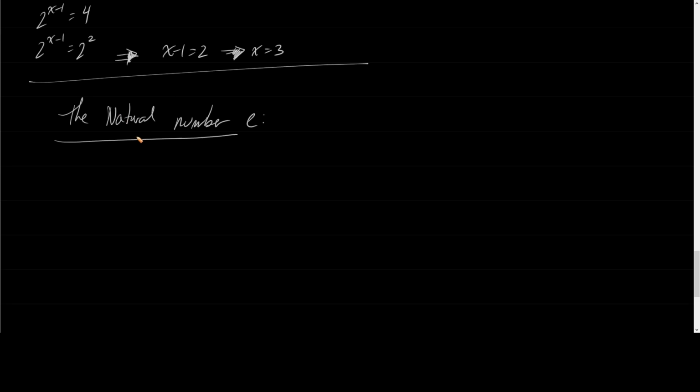The Natural number e. Now, e is approximately equal to 2.71828182845, and the only pattern that really repeats there is that 1828 1828 at the beginning, but after that it doesn't repeat. All right, in here e is irrational.